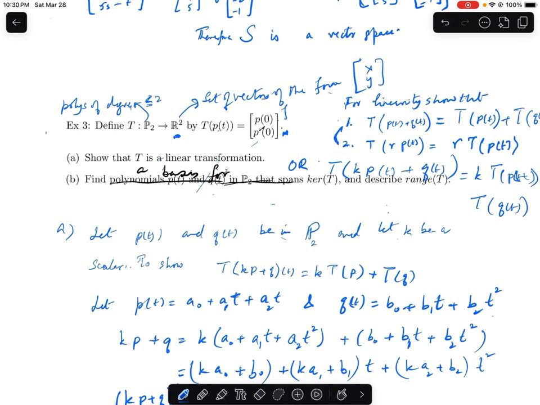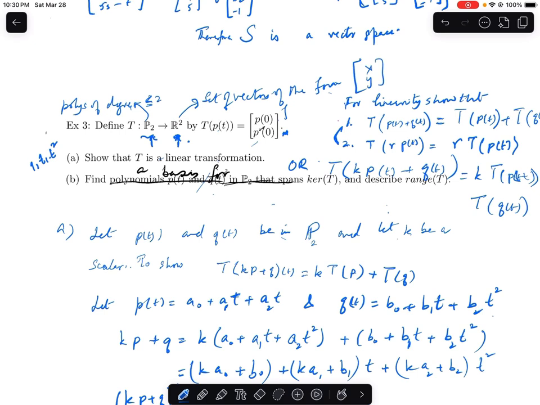Note that P2 has dimension 3 because the standard basis for P2 is 1, t, t squared, whereas R2 is of dimension 2. So this is of dimension 3 and this one is dimension 2.